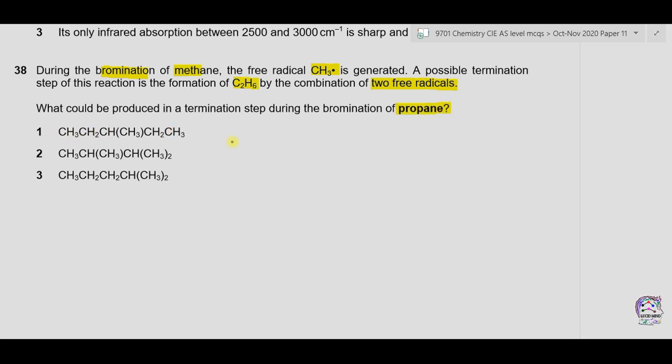Option 1, we can draw the structure. We have carbon, carbon, carbon, then methyl group attached, then CH2 and CH3. Now the radicals would be same in both situations.